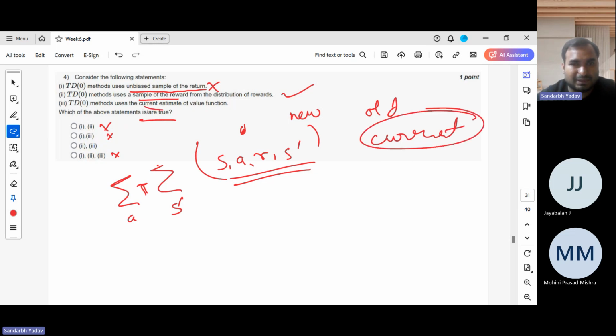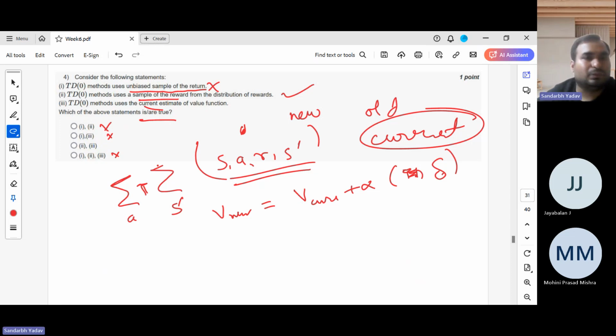You remember that equation: V new is equal to V current plus alpha times the TD error, which is also denoted by delta. So I think you got the answer in this one, but let's move to the next question. If there is doubt, you can ask.